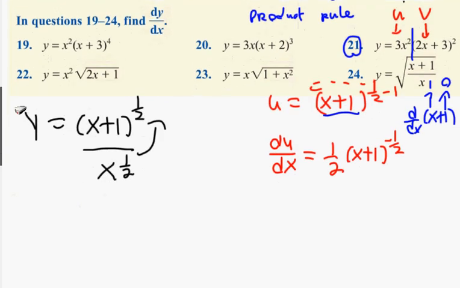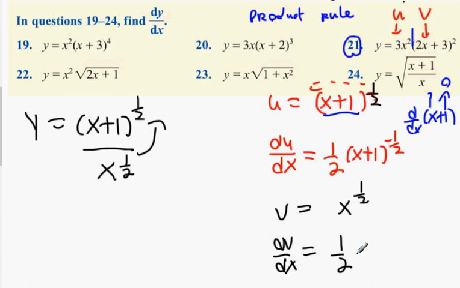I can do a quotient rule, and I can say that u is still x to the power of a half. du dx is still a half, x plus 1 to the power of minus a half. v has changed to x to the power of a half instead of x to the power of minus a half. dv dx therefore is a half x to the power of minus 1 over 2.